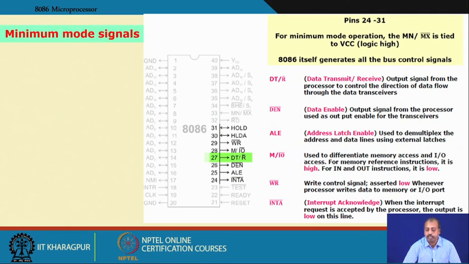If it is low, then it will be doing a write operation. Then we have the INTA bar line, that is the interrupt acknowledge. If you find that there is an interrupt at the end of the current instruction, then the processor will enter into the interrupt acknowledge cycle and do the operation.